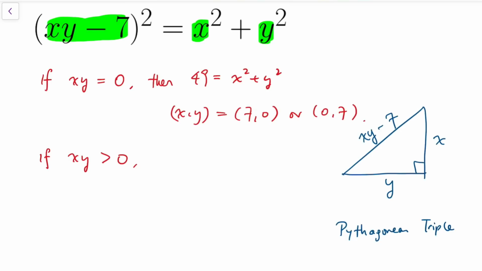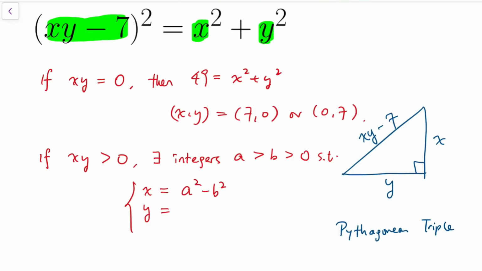Then, since these are Pythagorean triples, there actually exist two positive integers, both larger than 0. Or I can rephrase that: there exist integers a larger than b larger than 0, such that x is equal to a squared minus b squared.